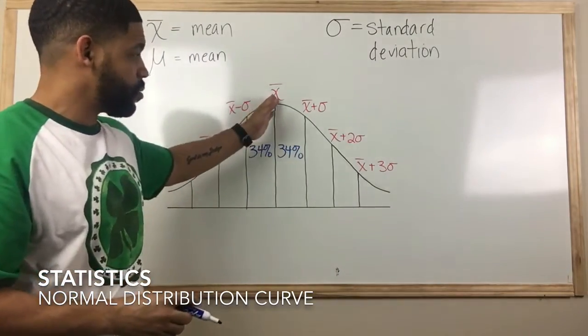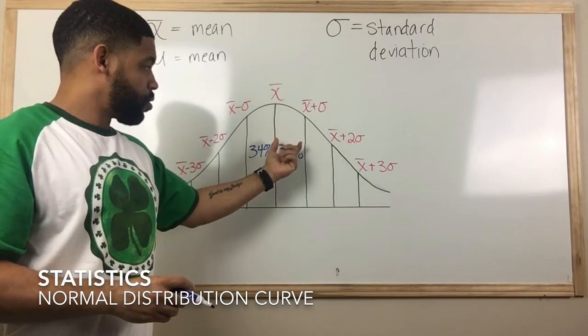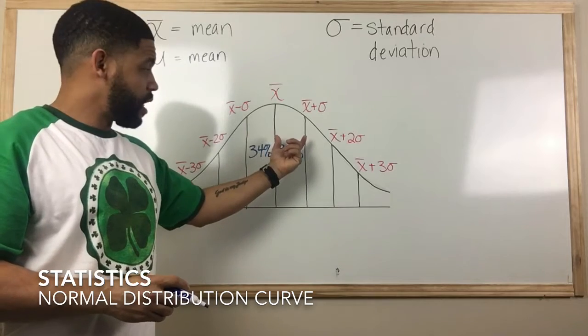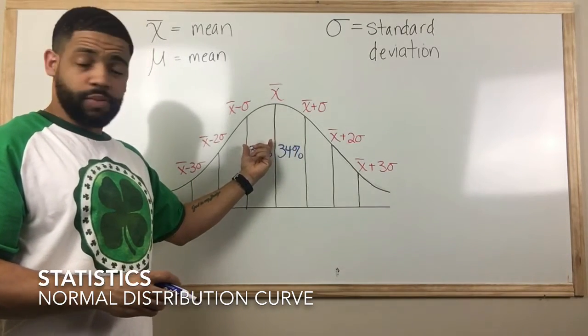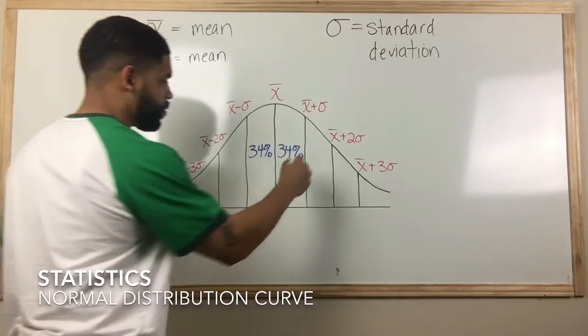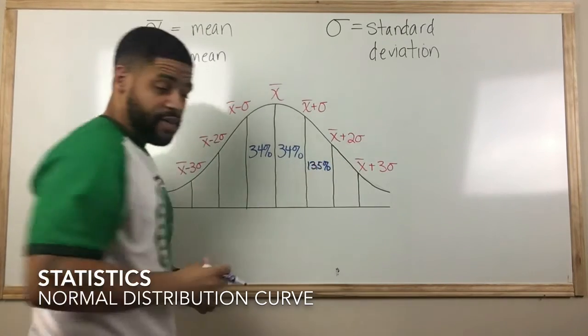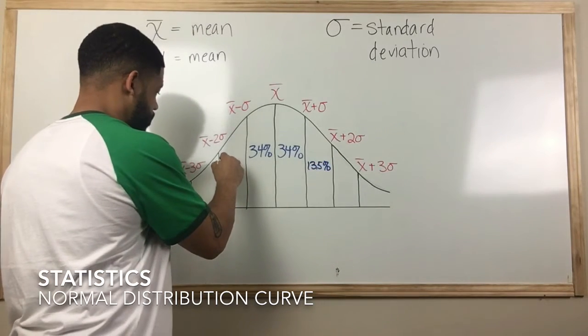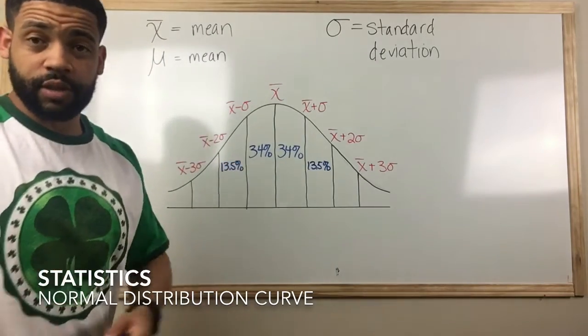So if we have the mean in the middle, that means 34% of the elements are between the mean and 1 standard deviation above the mean, and 34% are 1 standard deviation below the mean. Then you have 13.5% between 1 and 2 standard deviations.